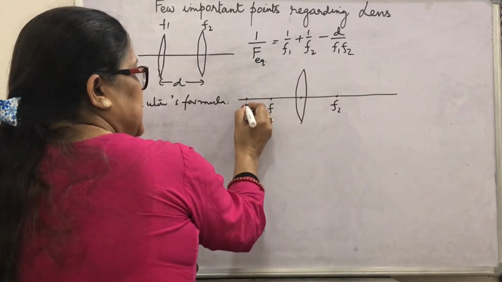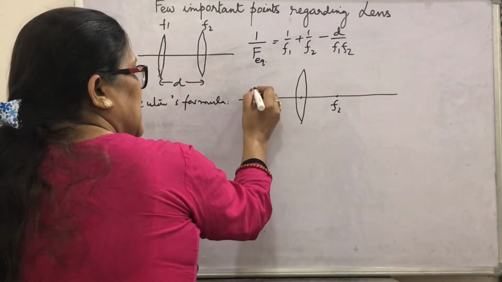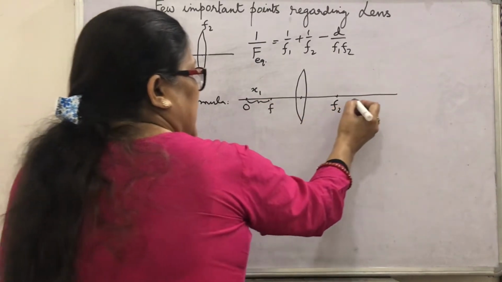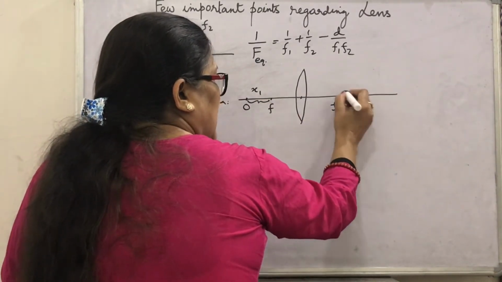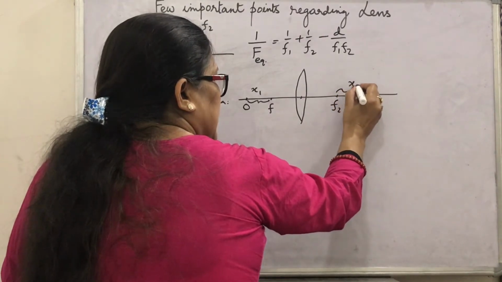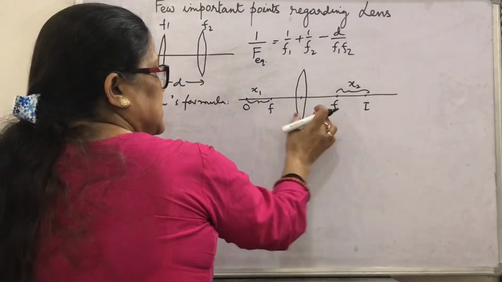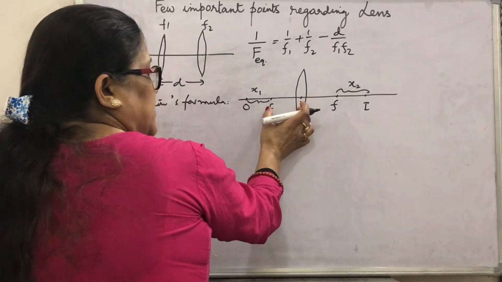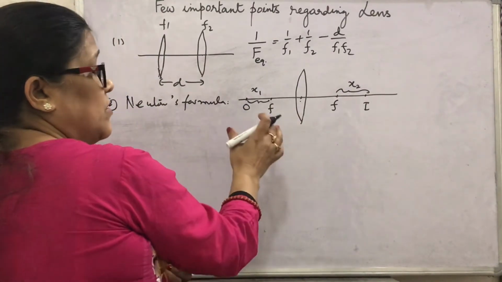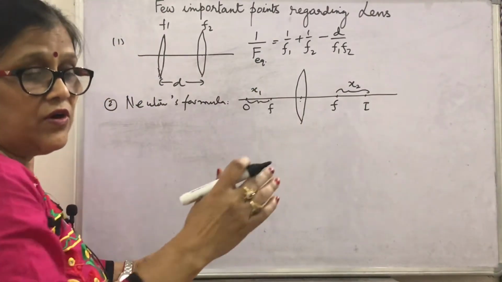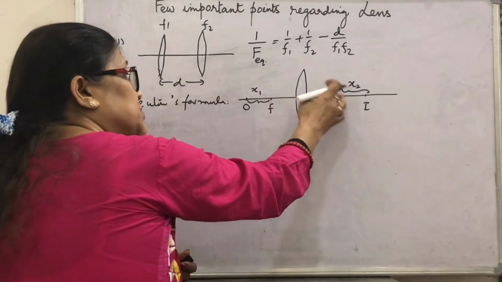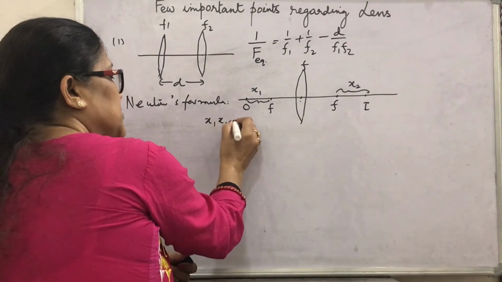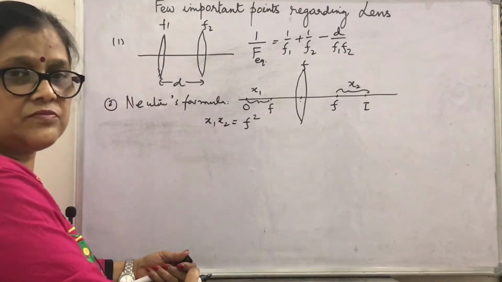If the object is placed from the first focus at the distance x1, this distance is x1, and the image is formed at the distance x2 from the second focus, these distances being measured from the optical center of the lens, then what is the relation for x1, x2 and the focal length of the lens? Note down, x1 x2 is equal to f square.